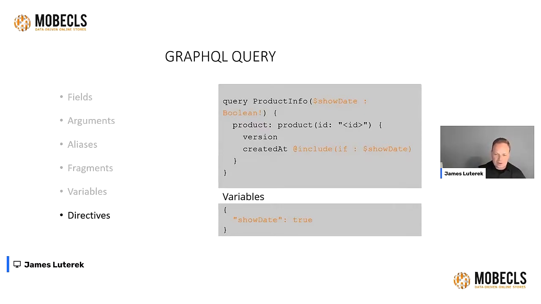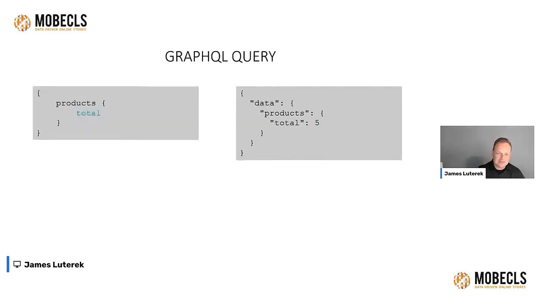The other thing I want to point out, I'll move back a little in the slides, is that while the response coming from a GraphQL server tends to be JSON, so on the right you'll see JSON code, the query language itself is not JSON. It's close enough that you think it's JSON and you feel like it should be JSON, but it's far enough apart that as you're first learning it, you have to remember to delete some quotes or get rid of some commas. So it's just something to watch out for as you go.